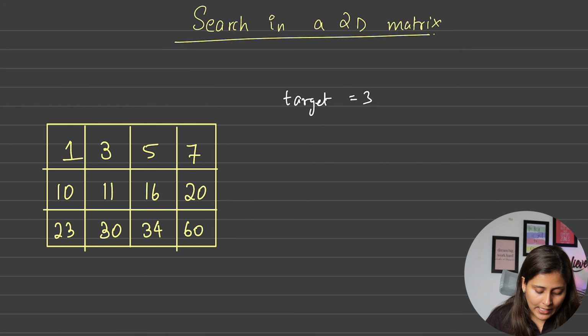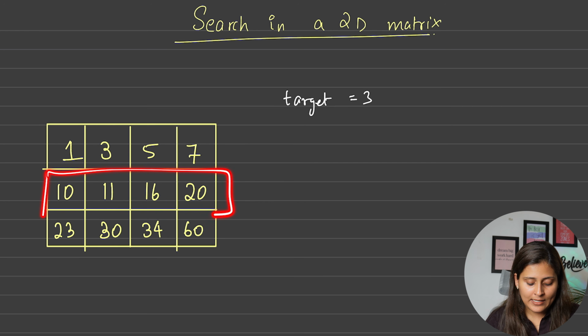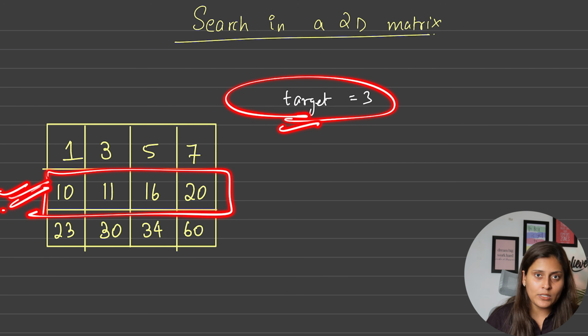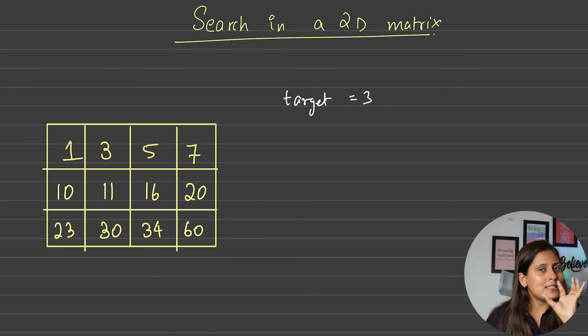Again, is this 10 less than or greater than the target 3? Yes, it is greater. Means 3 cannot be in this row because 10 is the smallest element of this row. And if 3 is smaller than 10, then 3 cannot be in this row or anything towards its down. So we are somehow able to relate this with binary search.